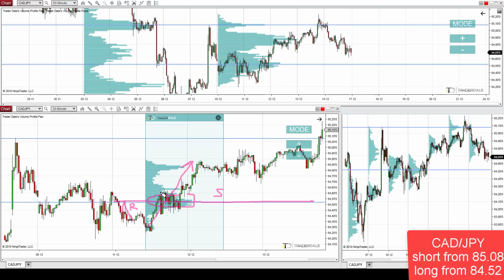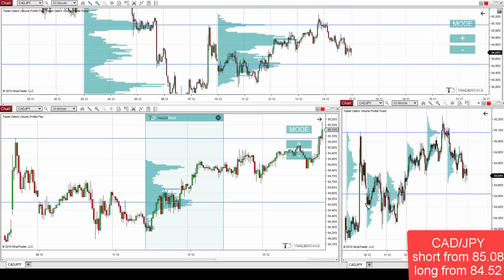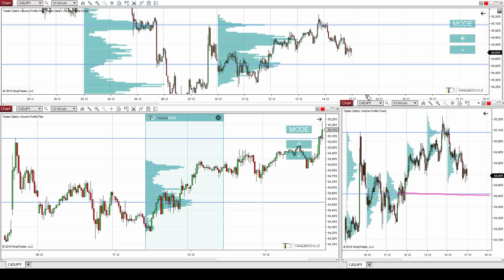So we have a volume-based setup and we have a resistance becoming support setup. And by the way, if you look at the daily profiles right there, this is the long level, you can see that it's at the point of control of the whole day. All right, this is the place where the heaviest volumes of the whole day got accumulated. So there's another confirmation of this very nice long level.